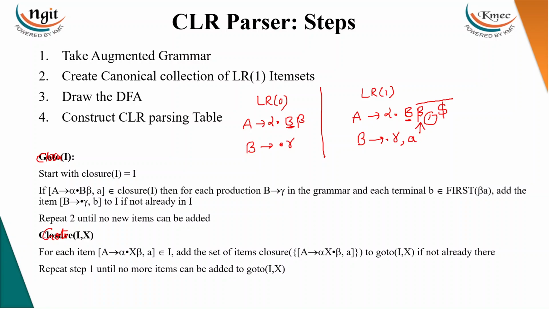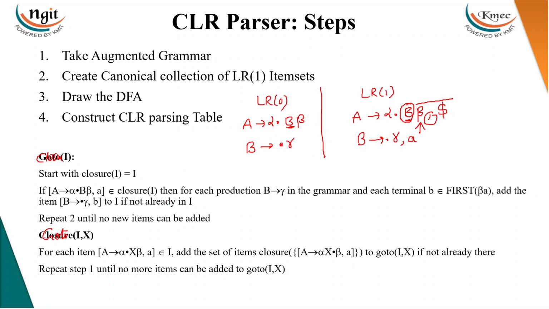If the first of beta is a and epsilon, take a, and epsilon will allow you to go to the next symbol, like how we did in follow, because lookahead symbols are never epsilon. For whichever non-terminal you are adding the productions, the first of the remaining symbols will be the lookahead symbols for the newly added productions.